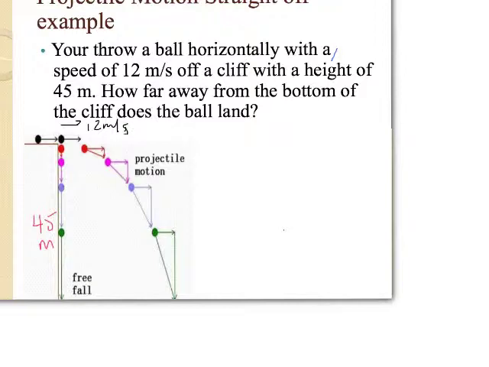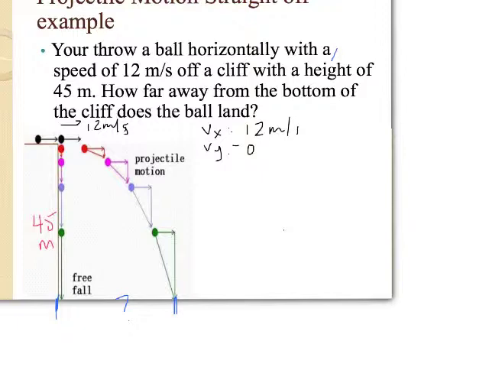A good thing to do in these is to split velocities up into Vx, which is horizontal, and Vy. So our Vx is 12 meters per second, and at the top, Vy is 0. It says, how far away from the bottom of the cliff does the ball land? So our big question is that distance. Projectile motion problems inherently end up being multi-step.